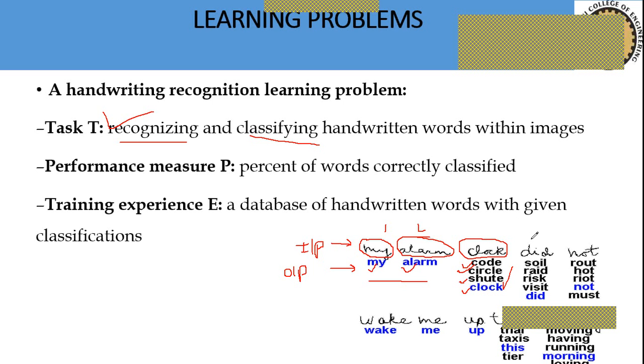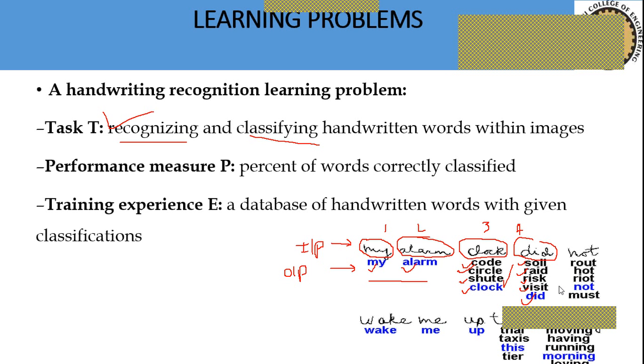Now move to the next word, that is the fourth one. It may be a file, it may be a raid, it may be a risk, it may be a visit, or it may be a did. Which one is more accurate? You have to measure the performance.